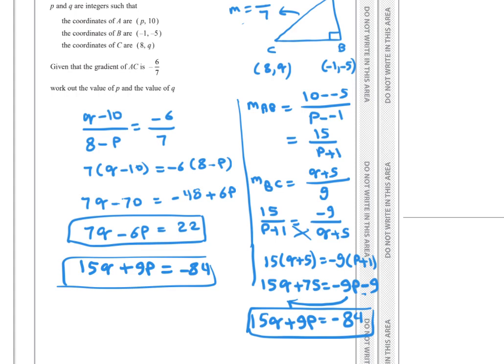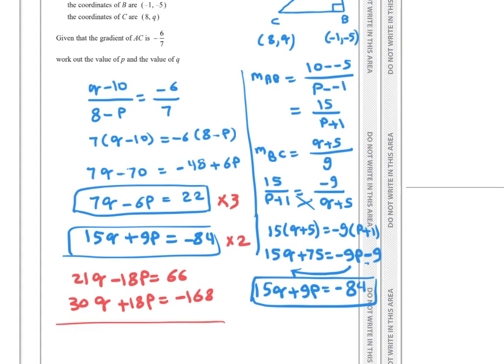Now to solve them simultaneously, you can multiply the first equation by 3 and the second equation by 2. We need to eliminate B, because this will be -18B and this will be +18B, so we can add to eliminate B. So the first equation will be 21Q minus 18B equals 66, and the second equation 30Q plus 18B equals -168.